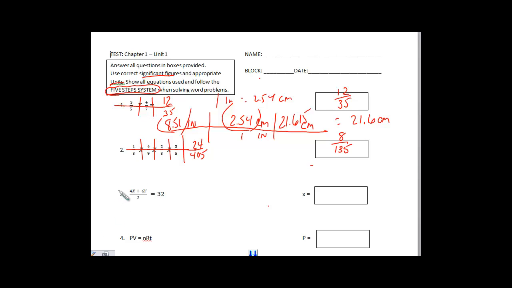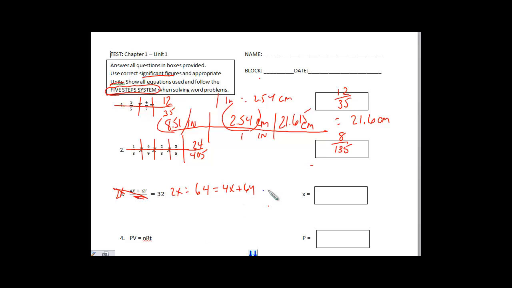Now, I'm told frequently that I don't know what I'm doing mathematically, but the way I would do this is I'd multiply both sides by 2. That would get rid of the 2 here, okay? That would give me 64 equals 4x plus 6y.